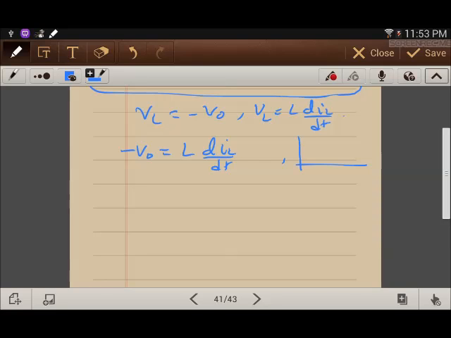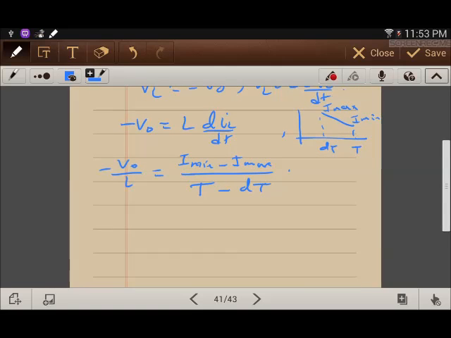And as we know, in this second mode, the current starts from dt and ends at t, starting from the maximum value and ending at the minimum value. So minus V out over L is equal to the minimum value minus the maximum value of the current divided by t minus dt.